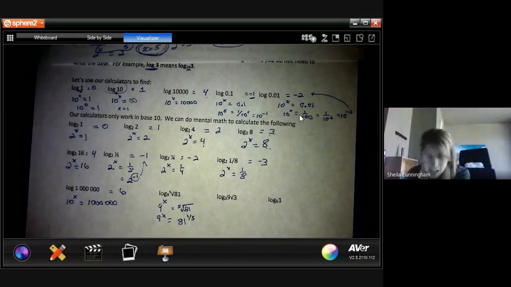Now, this is kind of setting itself up like those exponential equations we did from last unit. We don't have same bases here, and it's not easy for us to just look at this and recognize, oh, it's going to be this value for x to make this work.